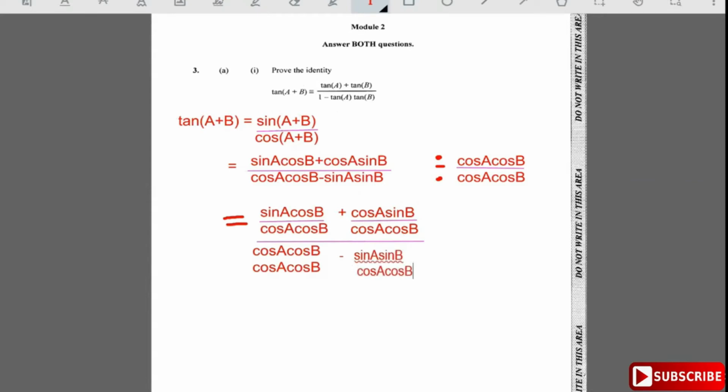When you do that division, what are we going to get? Let's work it out.